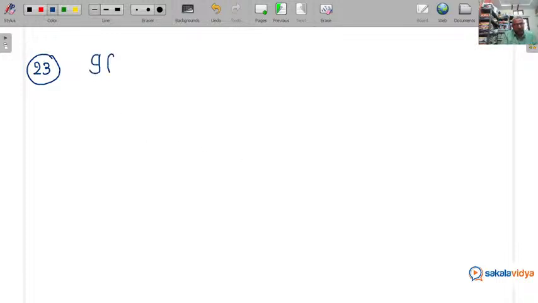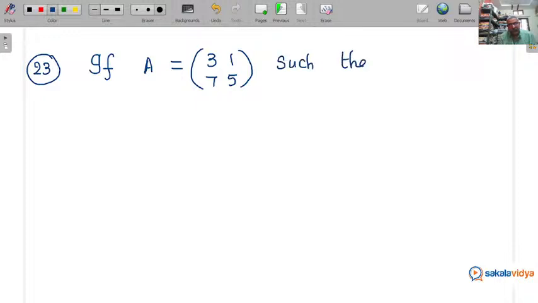If A equals 3175, such that a square plus xi equals ya, then x plus y equals to.